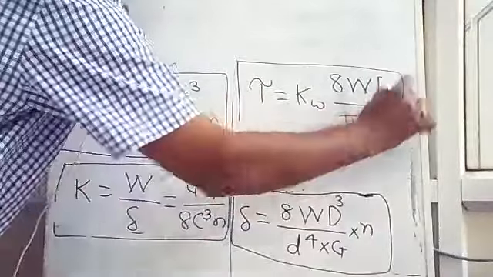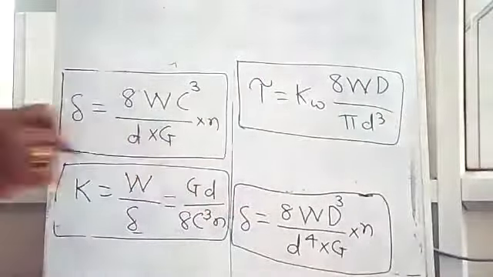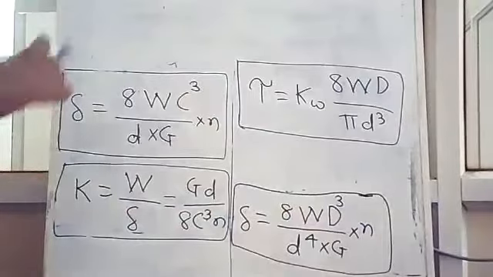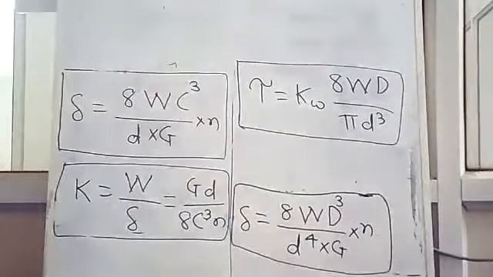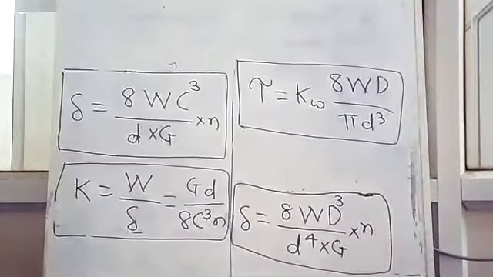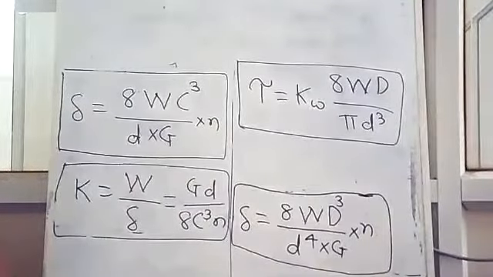So this is the relationship of our stresses. So this much amount of these are the different relationships that are important in our helical spring design. So by using this relationship, we can design the number of turns and everything in our spring. Okay.